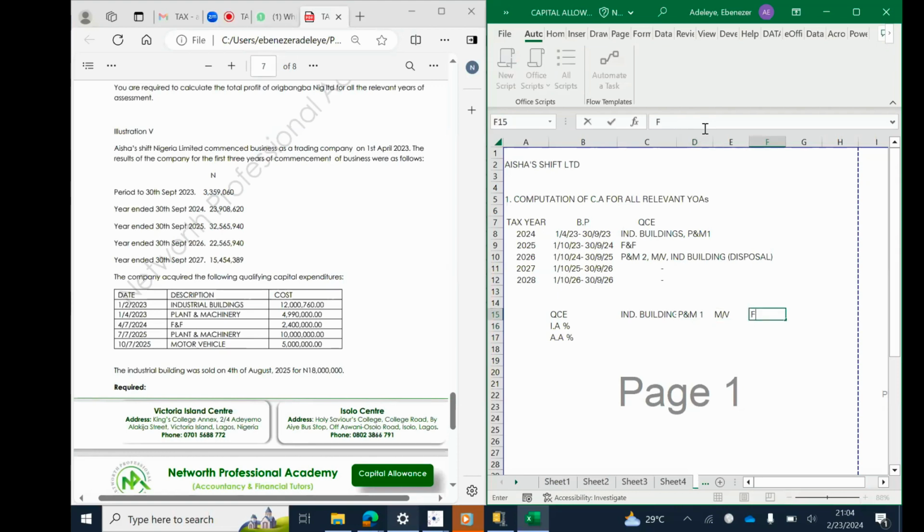Then we have furniture and fittings. Then we have plant and machinery two. I could have done both plant and machineries together, but it's just way confusing. Where have I put furniture and fittings then? And where did I put motor vehicle here? Plant and machinery one, then furniture and fittings, plant and machinery two, then motor vehicle, yeah. Right.